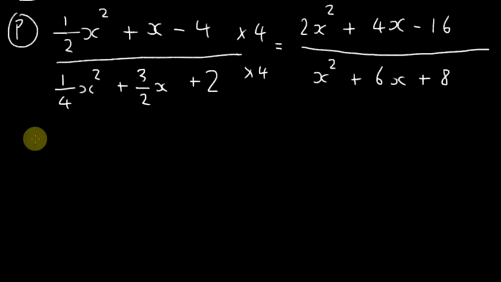So let's start with trying to factorise 2x squared plus 4x minus 16. Now, in the last video, in the review, I used a technique that split the middle term, and it was slightly arduous, but got us there.